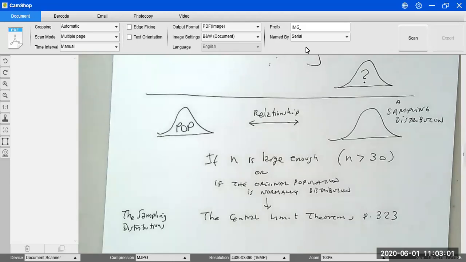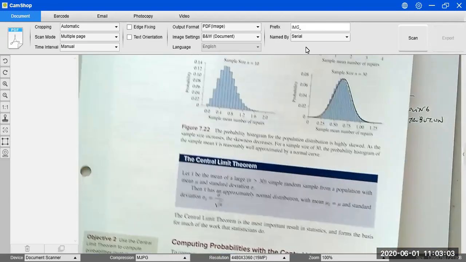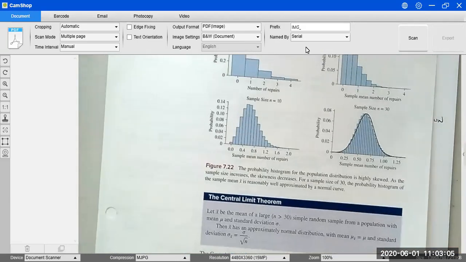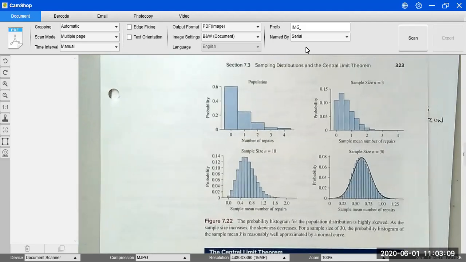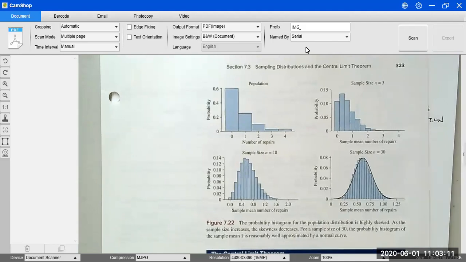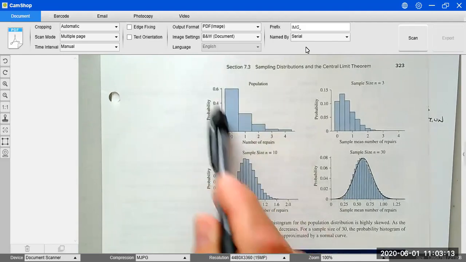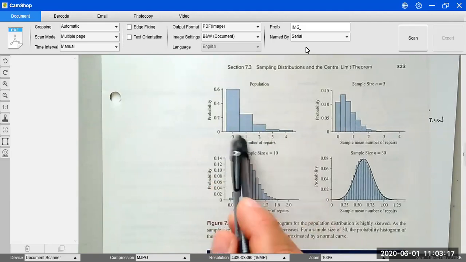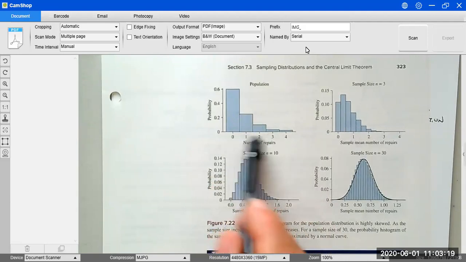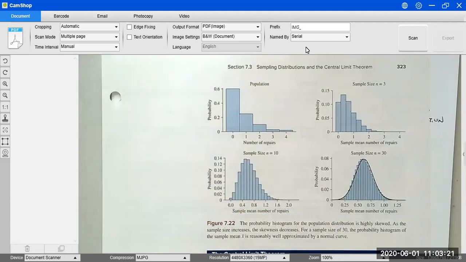Let me show you. Your book is providing some simulations on this page, where you have the original population, for example. That's the original population. This is a discrete distribution. You can see this is a probability histogram.